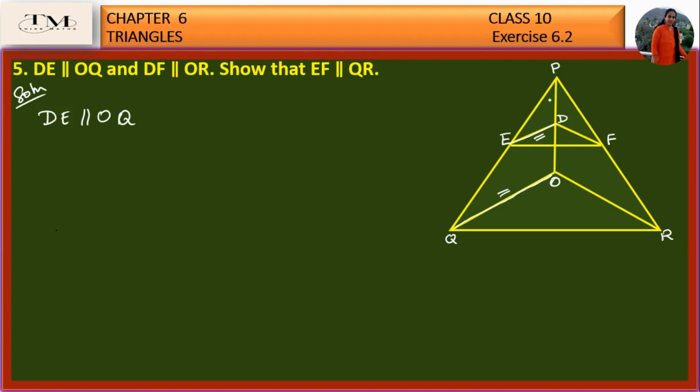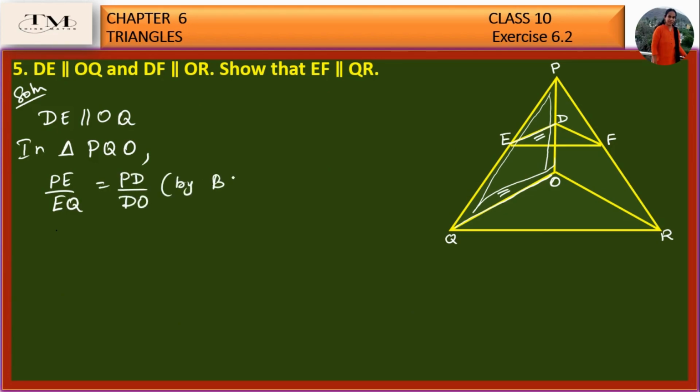Let us consider this triangle PQO. In triangle PQO, we have PE by EQ equal to PD by DO by BPT.